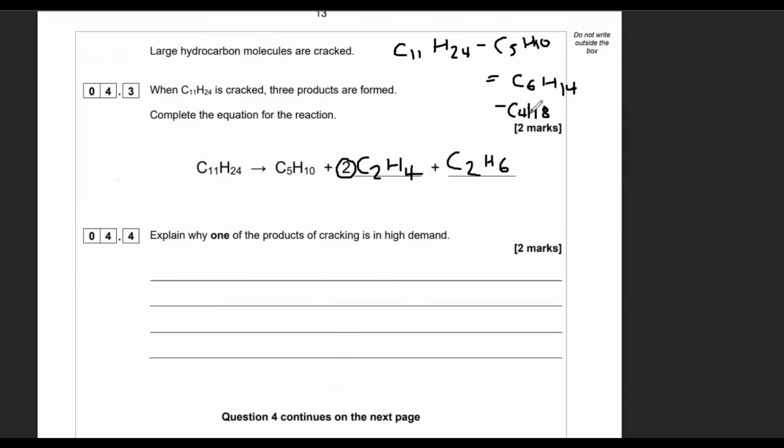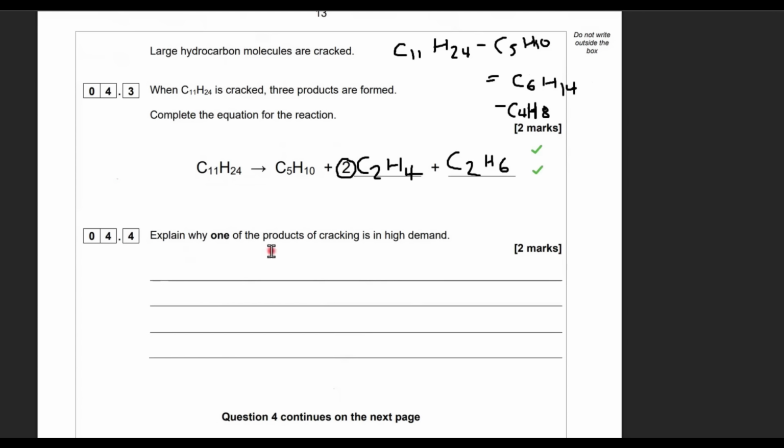That looks a bit confusing on the screen, but that's an H. I put a 2 and a 4 there, and that leaves me with C2H6. That was quite difficult for those ones. Sometimes they're a lot easier than that, but there we go.